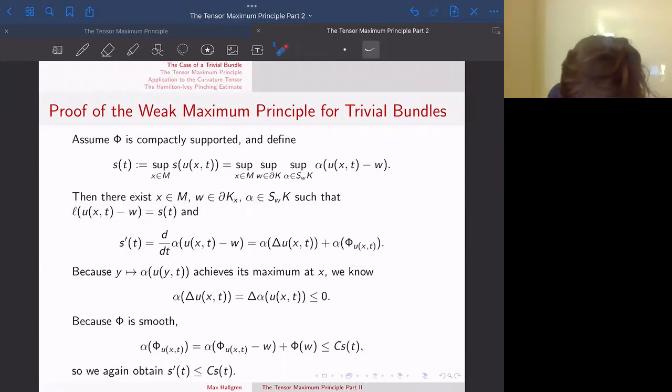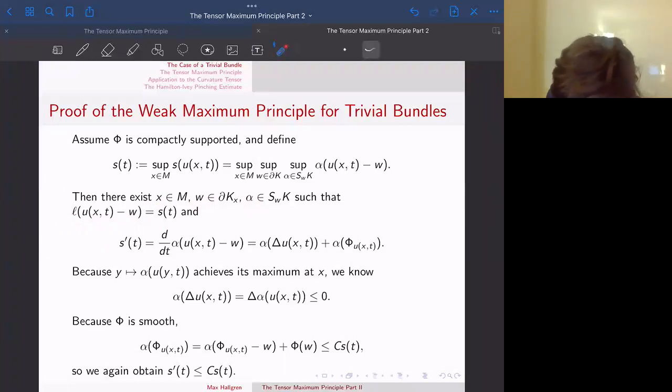So S of t is actually just going to equal this expression. That's, again, because the triple x, w, alpha is in our spatially maximizing set.